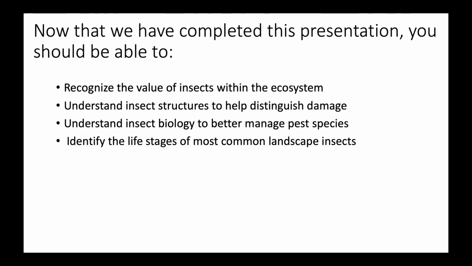And also that you could see a lot of the different pictures of the different life stages of some of our most common insects that we will see in the garden.